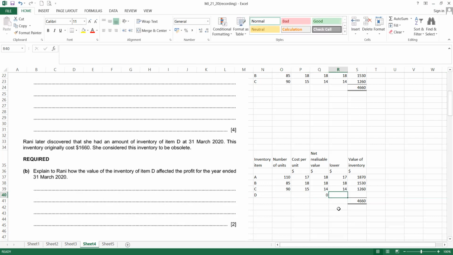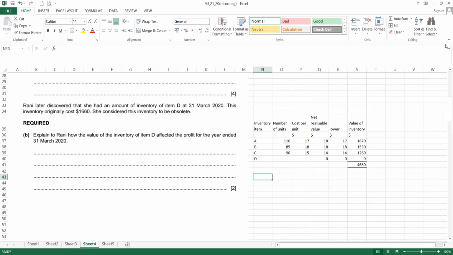So no cost of it. The net realizable value is zero. So in this case, we should choose the 0 times the quantity. Therefore, you will get back 0. So you notice that when you add in the 0, the value of the inventory will not change.